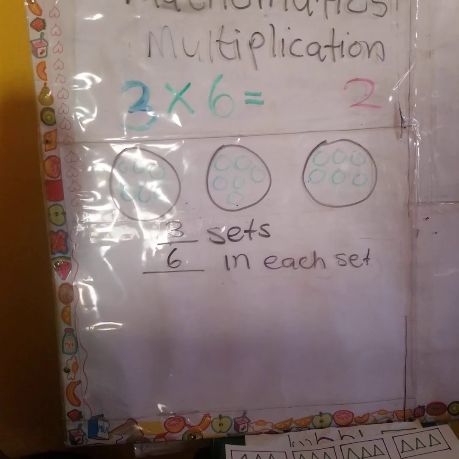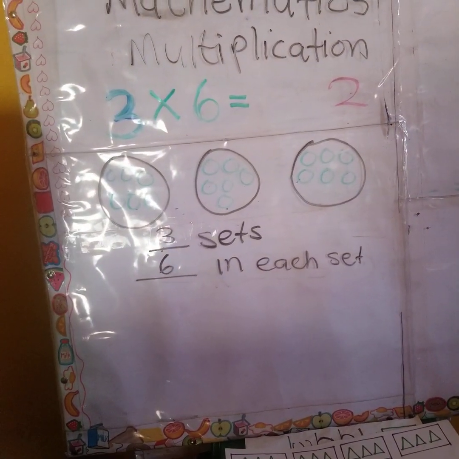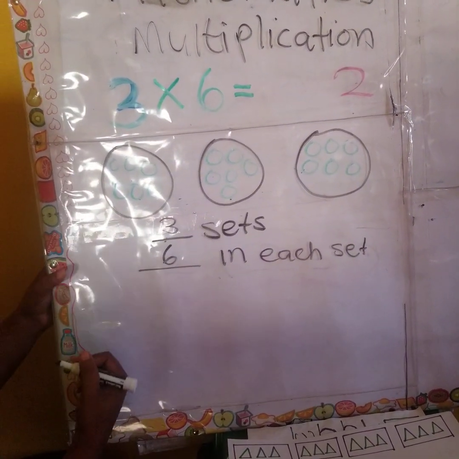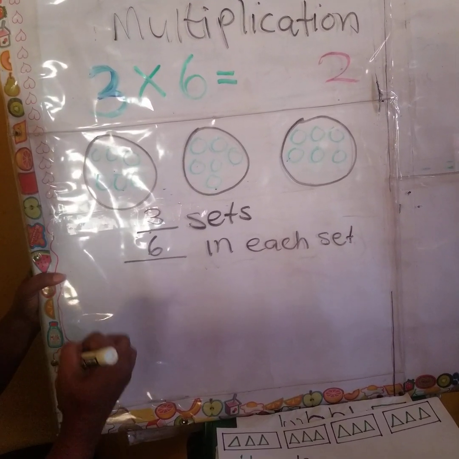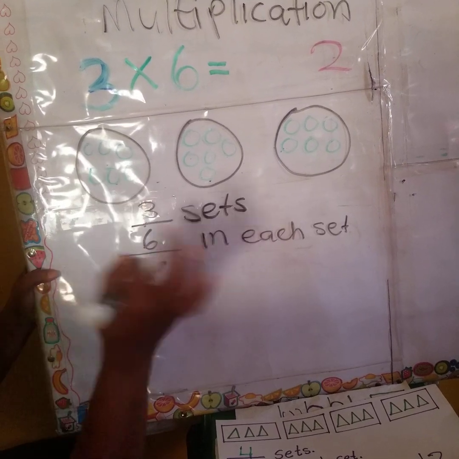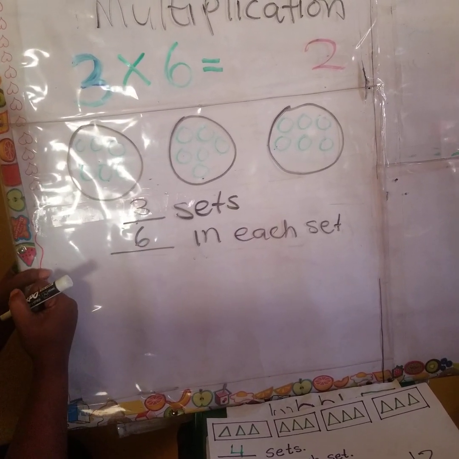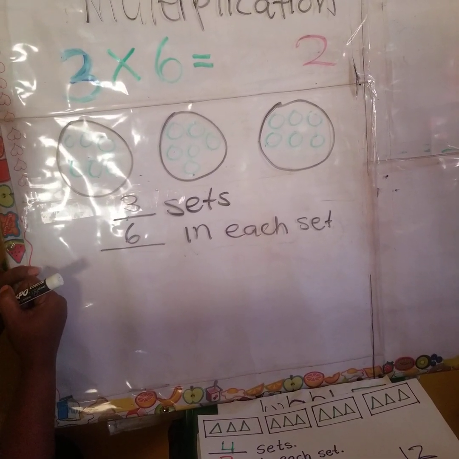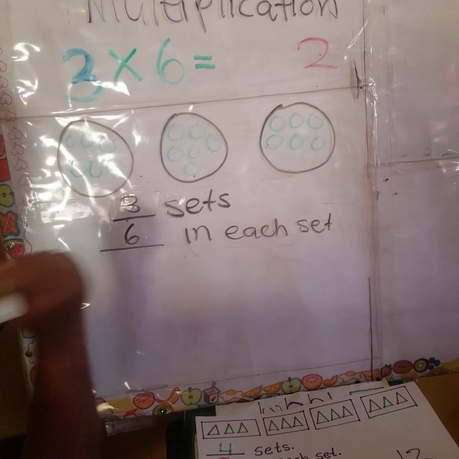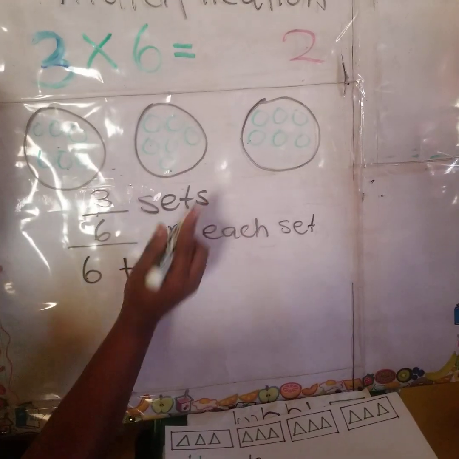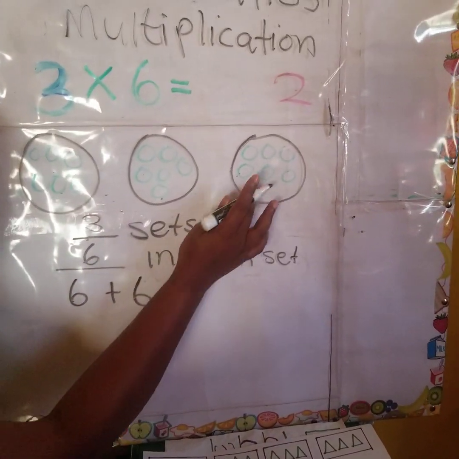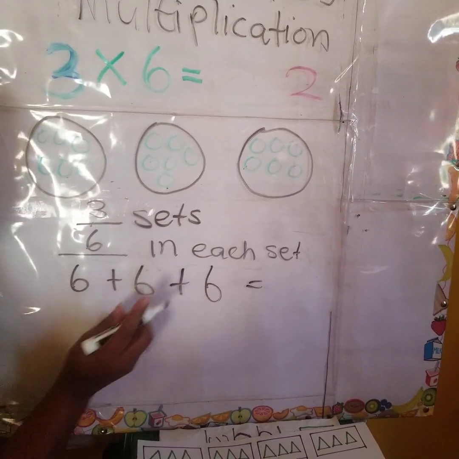Now we have to do our repeated addition. How many times do we have to add? 3 times, because we have 3 sets. And what are we going to add? The number in each set. So we're going to add 6 plus 6 plus 6 is equal to something.